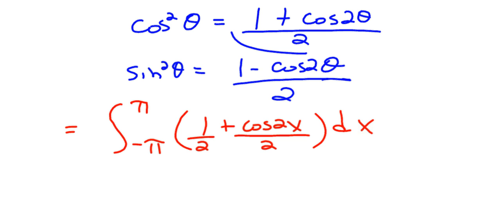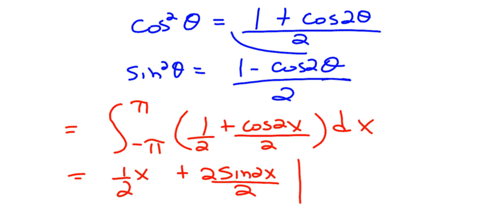Taking the antiderivative, the first term should be 1/2 times x, plus sine 2x over 2, and then I'm multiplying by the chain rule, which would be by 2. We're going to evaluate this from negative pi to pi.